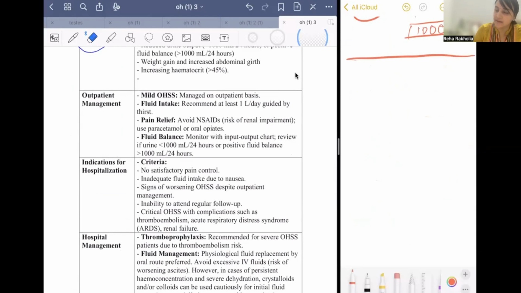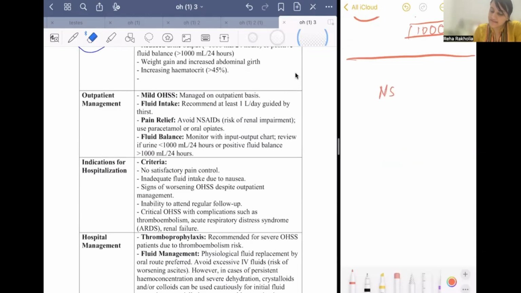Outpatient management. How will we do outpatient management? In outpatient management, mild OHSS cases are managed outside the hospital. Okay. Patients are advised to ensure adequate fluid intake, typically at least 1 liter daily, guided by thirst. Okay. So this helps maintain hydration and support recovery. In outpatient management, pain relief is prioritized by avoiding NSAIDs.